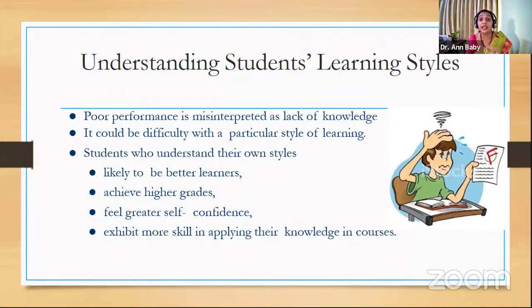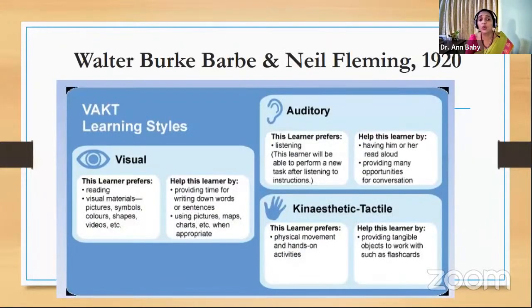It could be that he has difficulty with your style of teaching and he has his own particular style of learning. Now, the success of a teacher lies in being able to identify the student's learning ability or style of learning. That is why Walter Barbe and Neil Fleming came out with the VAK learning styles.